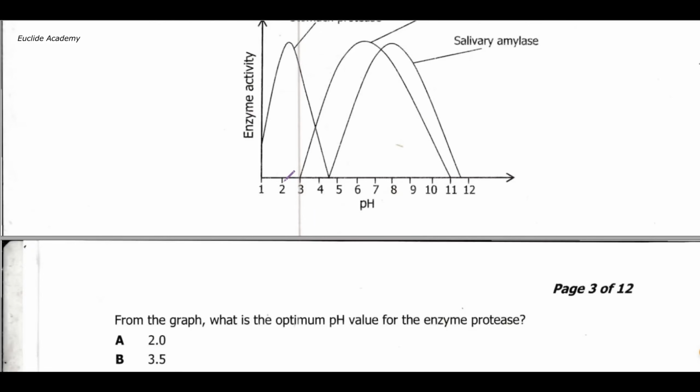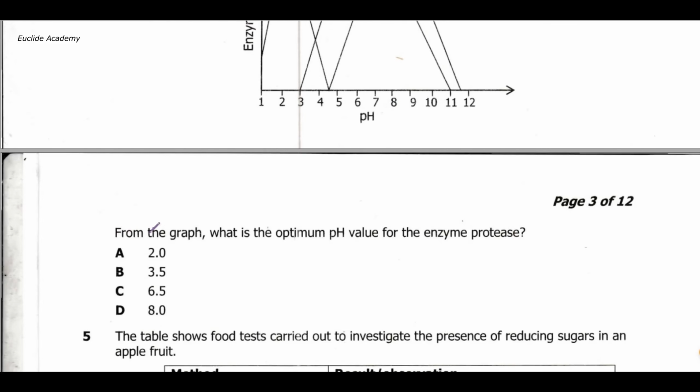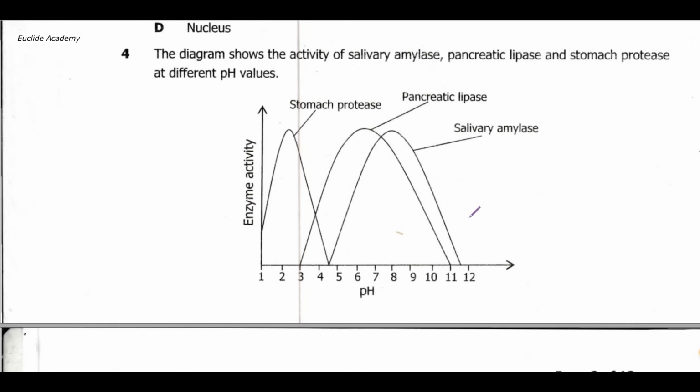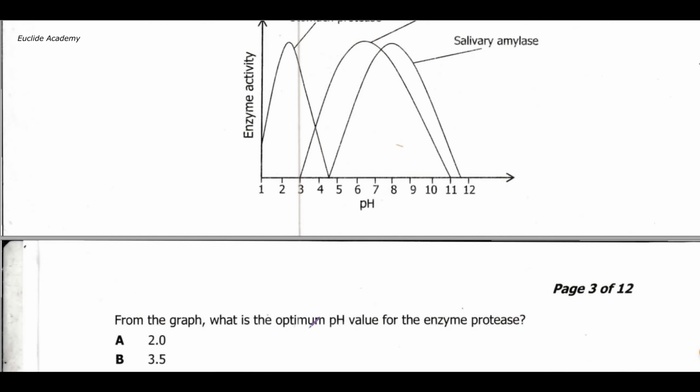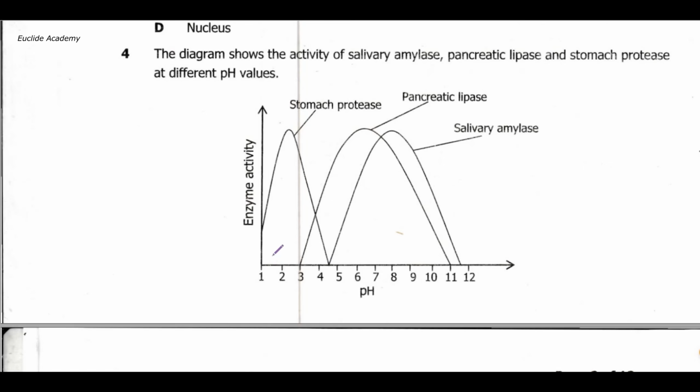Our focus is the question which says: from the graph, what is the optimum pH value for the enzyme protease? So protease is what we should focus on. We don't look at the pancreatic lipase and the salivary amylase here. Optimum means the best value, the value at which the activity is the highest.